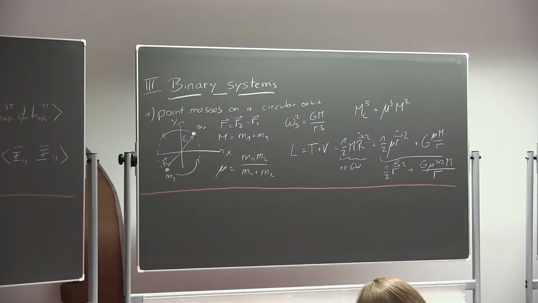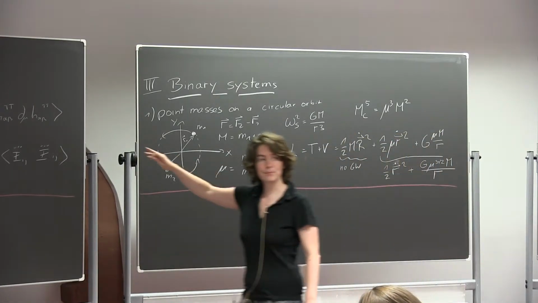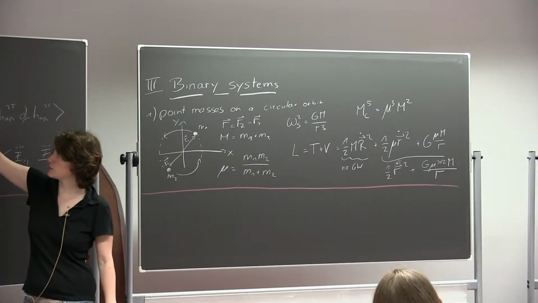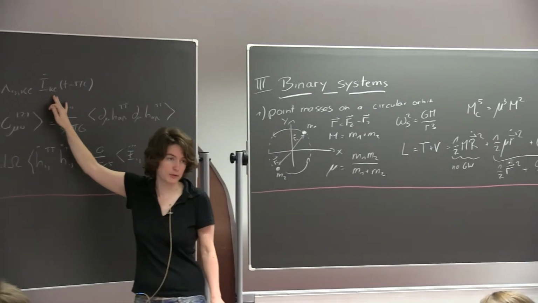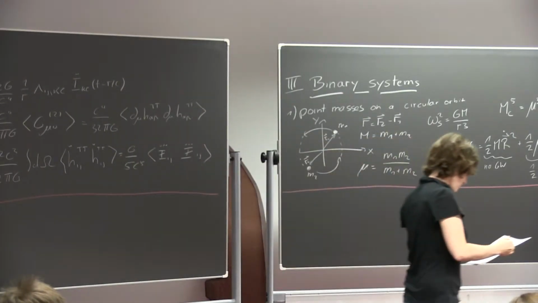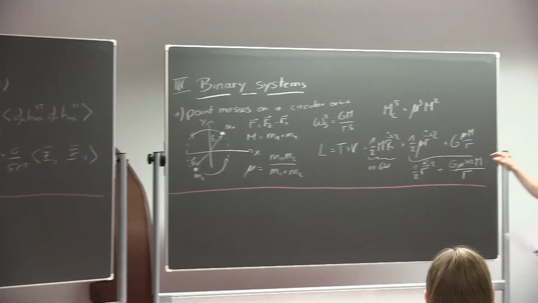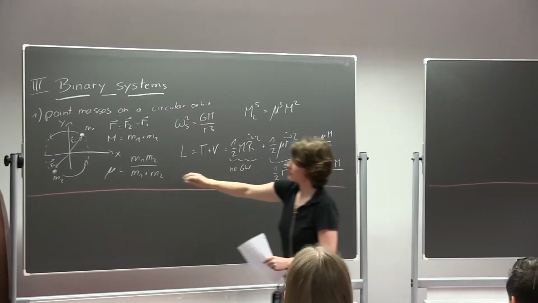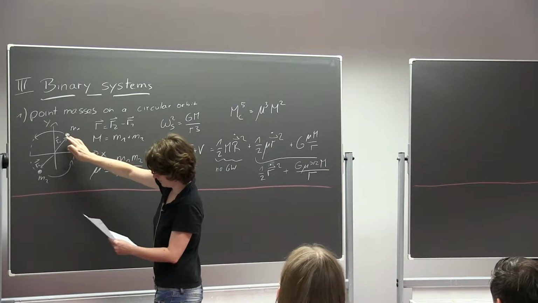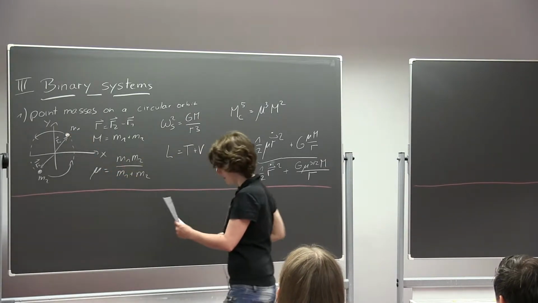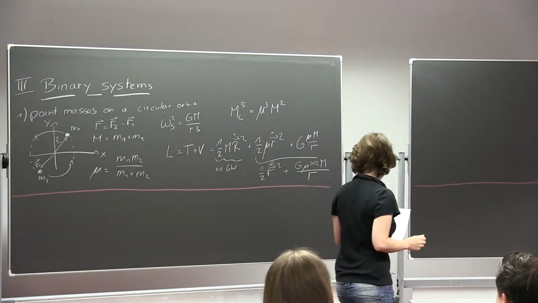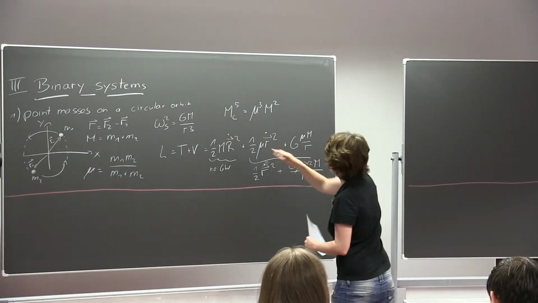Okay, so let's look at the gravitational wave emission. That's this equation here. What we need to do is compute the quadrupole moment. So say the position of this mass has an x and a y position, and of course it's just given by this frequency.